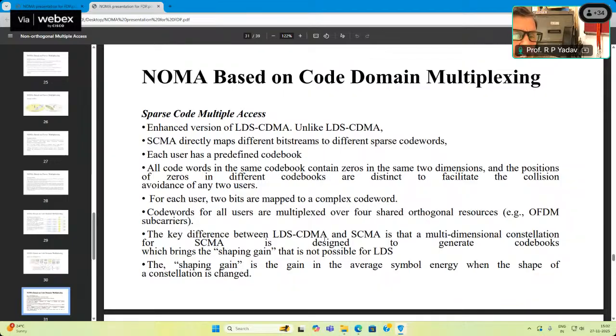The key difference between LDS-CDMA and SCMA is that a multidimensional constellation for SCMA is designed to generate code books. That's very important. What is the meaning of constellation? I think all of you know, when we talk about digital receivers, we talk about signal space representation. Constellation: QPSK, M-ary PSK, QAM, BPSK, BFSK, minimum shift keying, MSK.